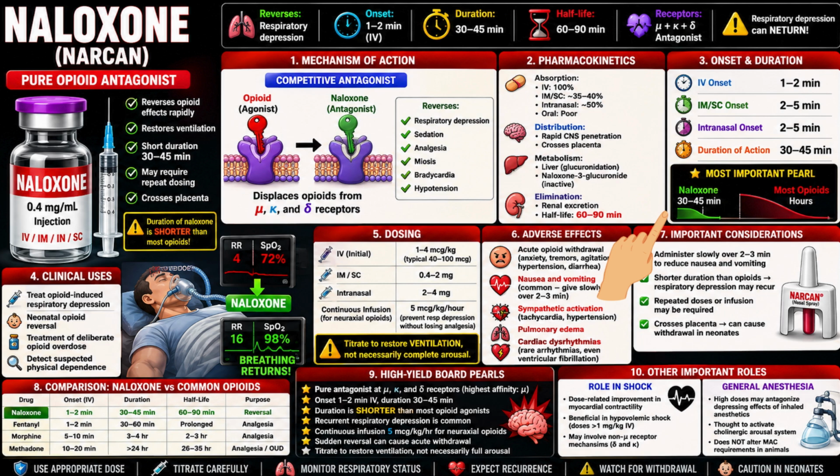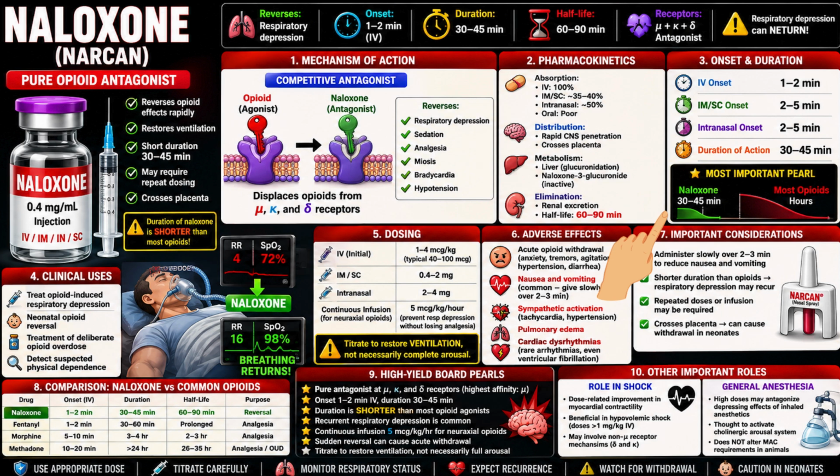Picture the timeline. A patient overdoses on morphine. You give naloxone. Within 1 to 2 minutes, they're breathing again, awake, alert, seemingly fine. 45 minutes later, the naloxone has worn off. The morphine, which was always going to last 3 to 4 hours, is still sitting there, at a concentration that hasn't meaningfully changed.